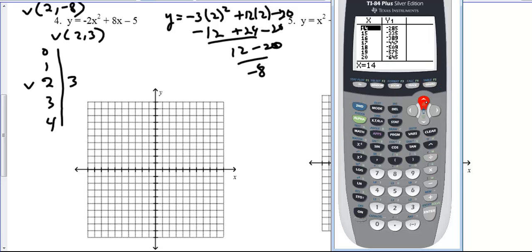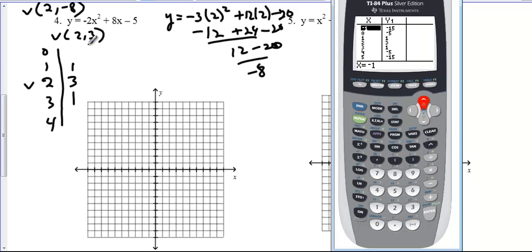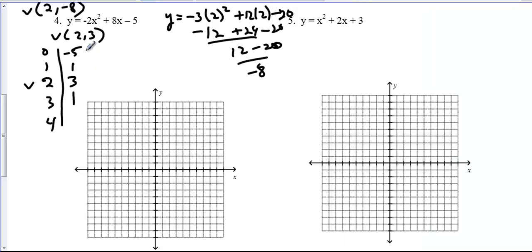I'm going to arrow until I get my vertex in the picture. Almost there. Alright, there it is. So remember, when we look at our table, we should see some symmetry to it, especially if we have integer values. So now I have 1, 1, and my other one was -5 and -5.